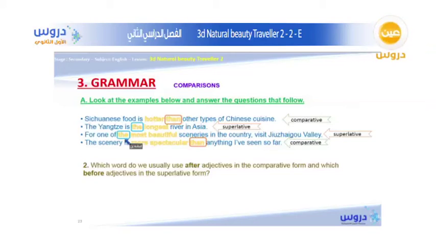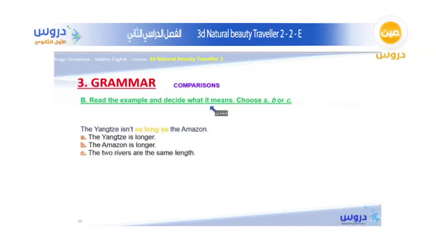Okay, so this one, the most beautiful: beautiful is a long adjective, so you have to add most. You can't add est. So before long adjectives, you have to add more and the most.